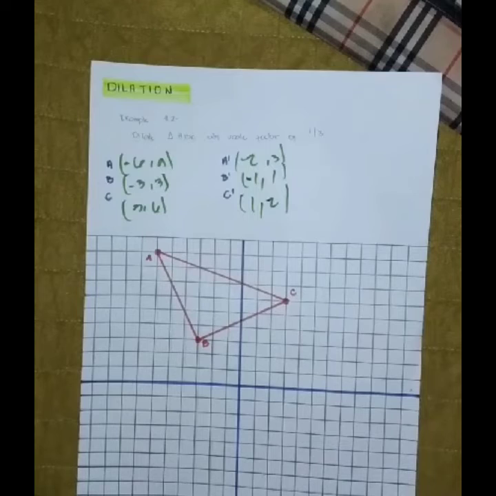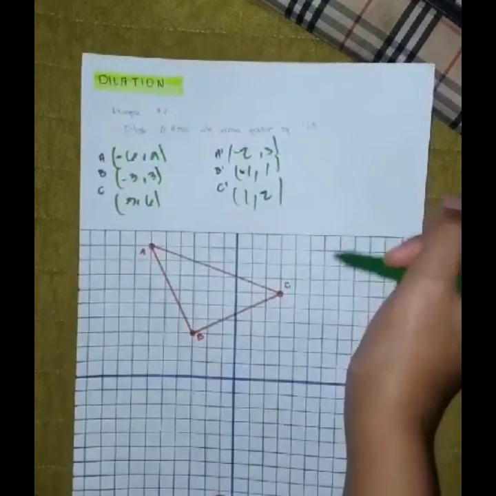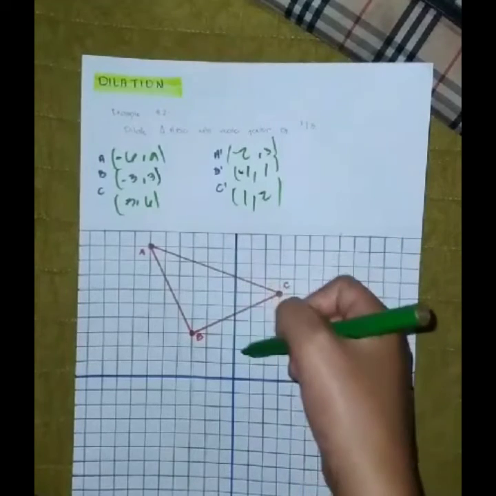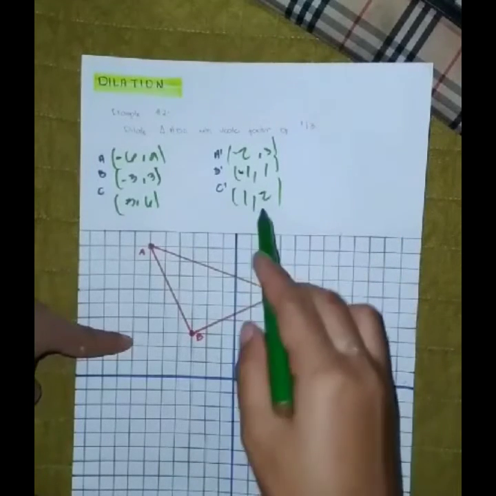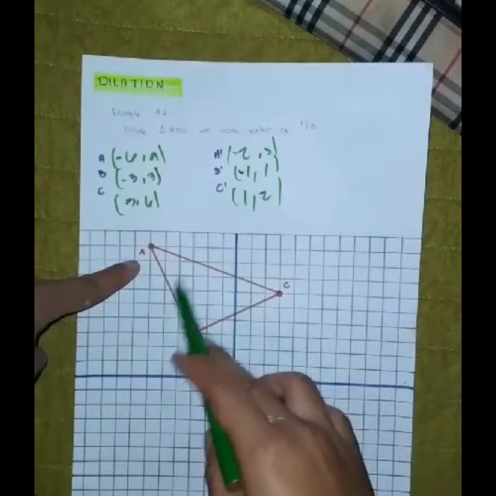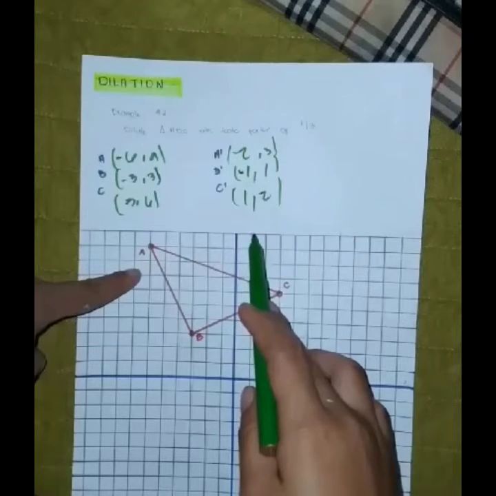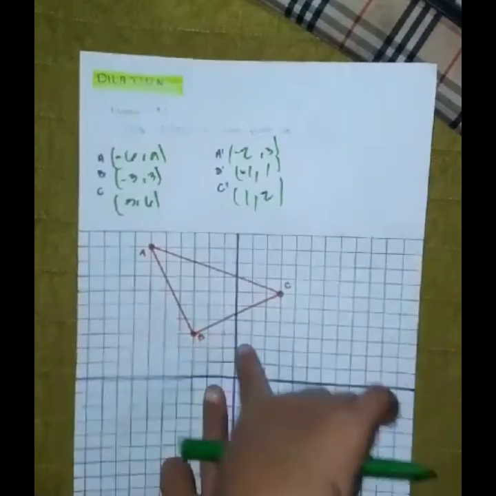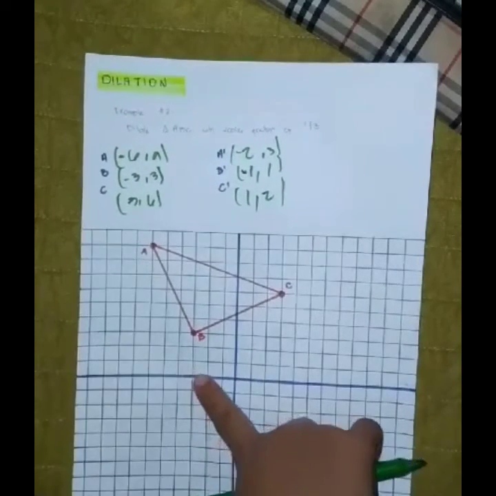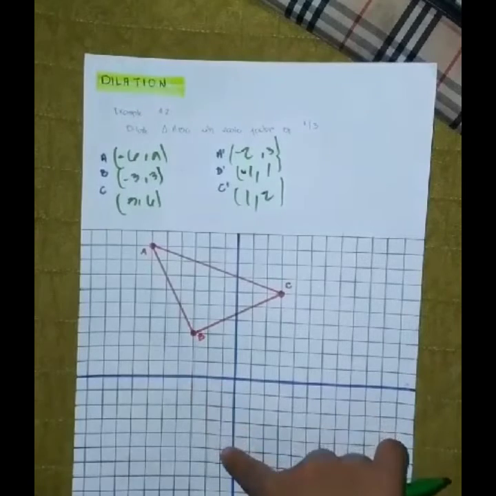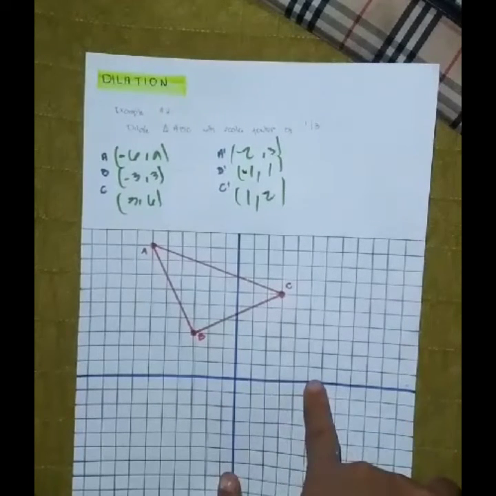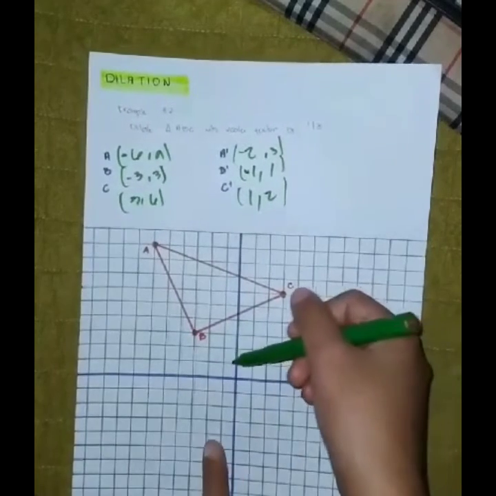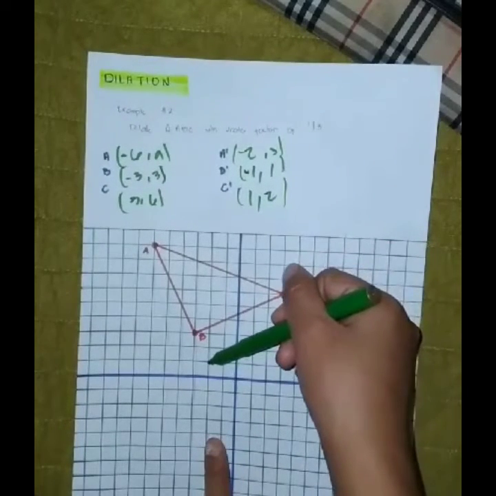So, same as before, we locate where the dilation is on our graph. Our A prime is negative 2 and 3. Since the first number is negative, it goes this way on the graph: negative 2, 1 and 2, and then 3.